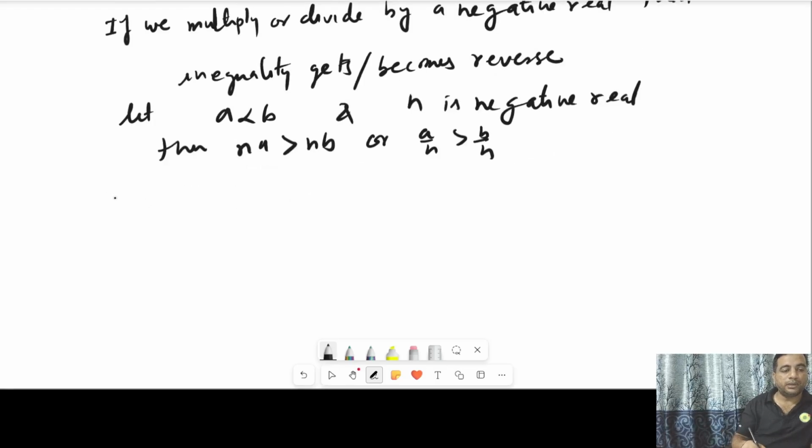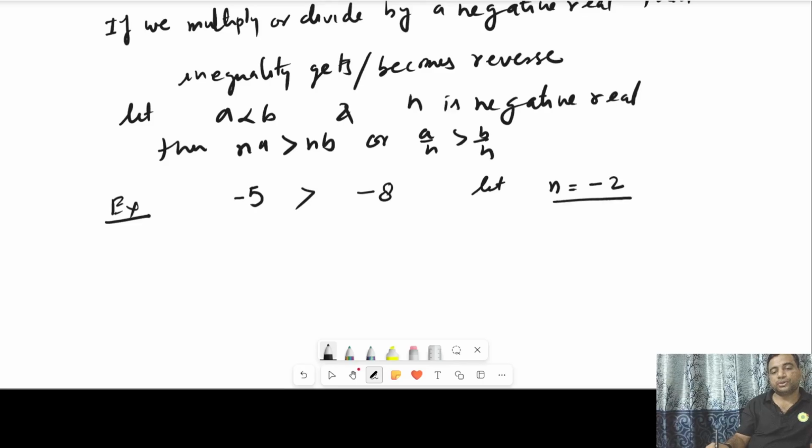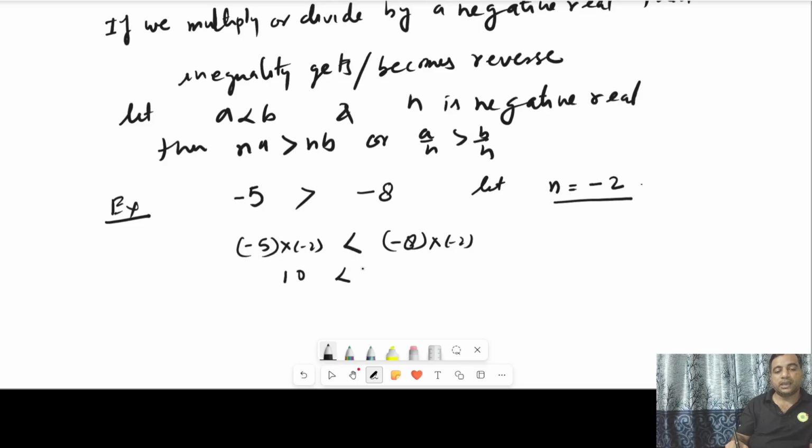Now I am taking a particular example. Minus 5 is greater than minus 8. Let n equal minus 2, which is a negative real number. If we multiply minus 5 by minus 2 and minus 8 by minus 2, the inequality becomes reversed, and minus 5 into minus 2 is 10, which is less than 16.